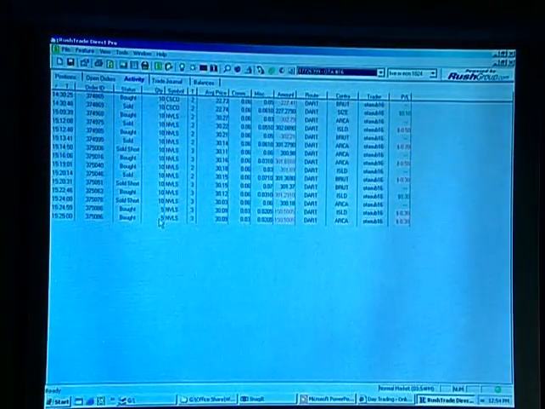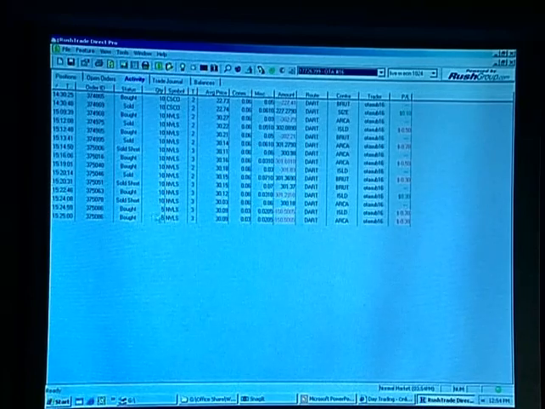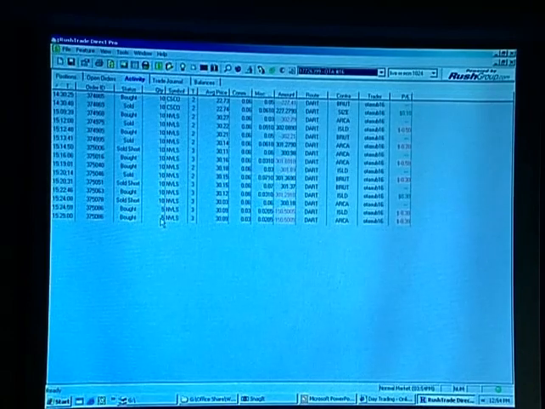Oh, here's a good one. He bought these, 1 second difference. So that's a partial fill, guys. Can you believe that? A partial fill on 10 shares. You got filled for a 5 and a 5. You didn't buy 5, did you?